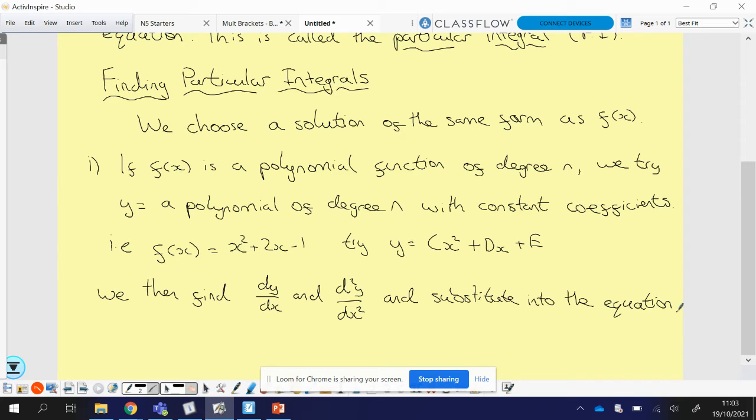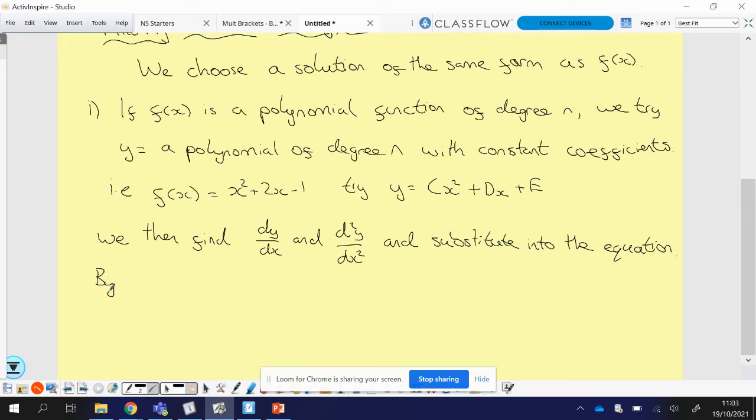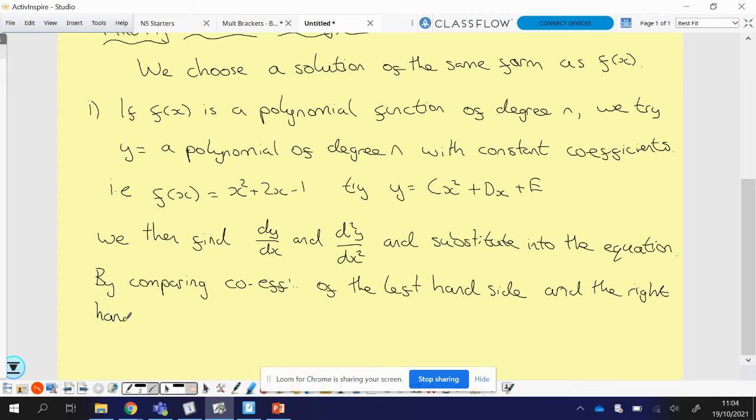Once we substitute that into the equation, by comparing coefficients of the left hand side and the right hand side, we find the constants c, d, and e.